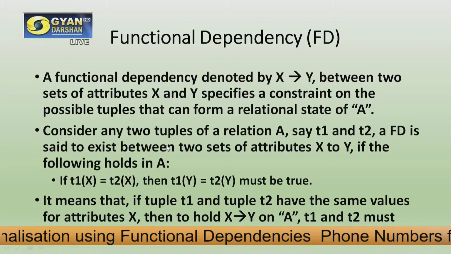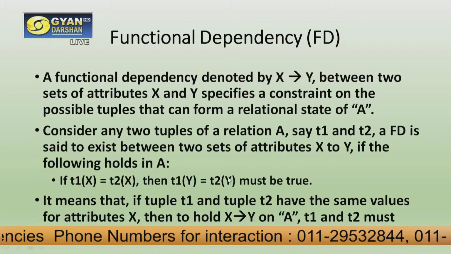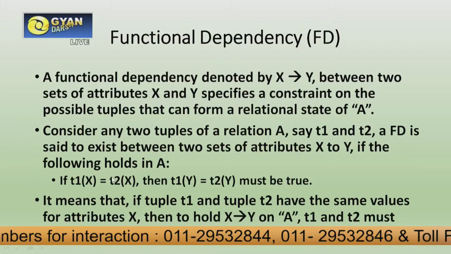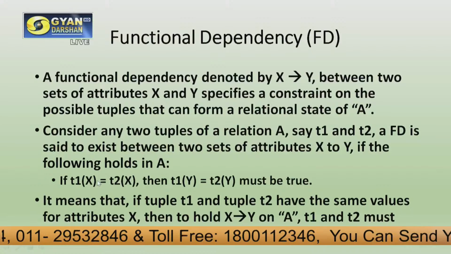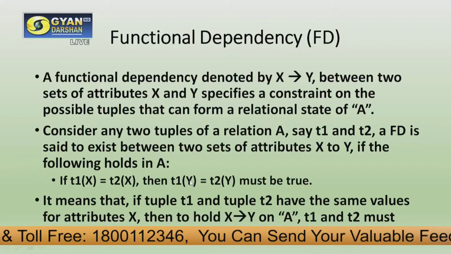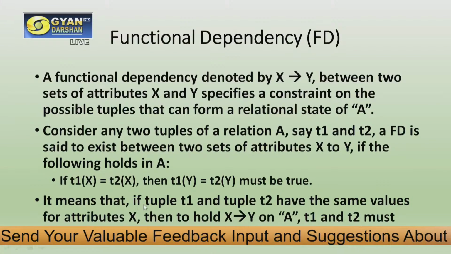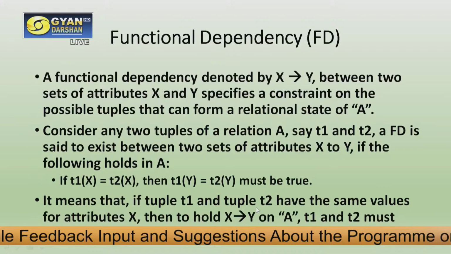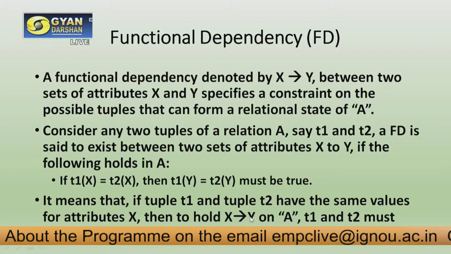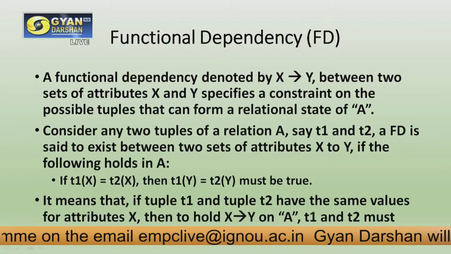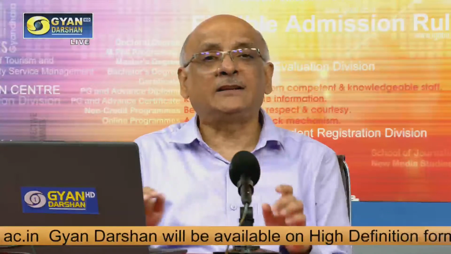An FD is said to exist between two sets of attributes X and Y if the following holds in A. That is, if T1x and T2x agree, that means the value in these two tuples is the same for attribute X, then the value of Y attributes should also match in the tuples. So it means that if tuples T1 and T2 have the same values for attribute X, then for X to functionally determine Y on A, T1 and T2 must have the same value for attribute Y also. So this is the theoretical definition.